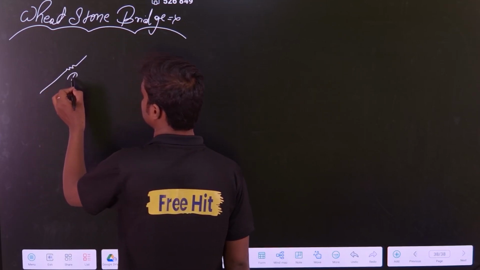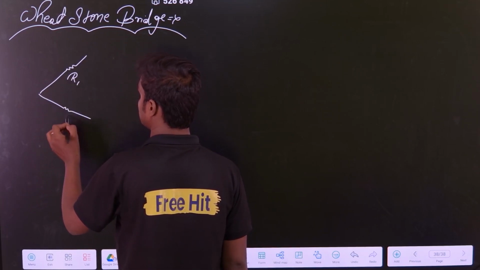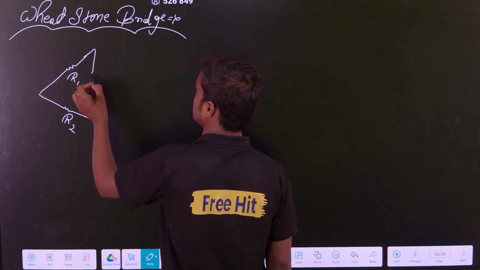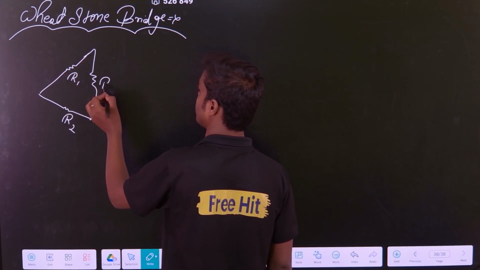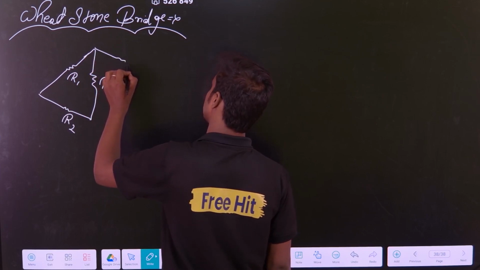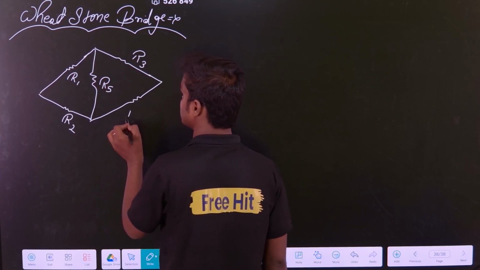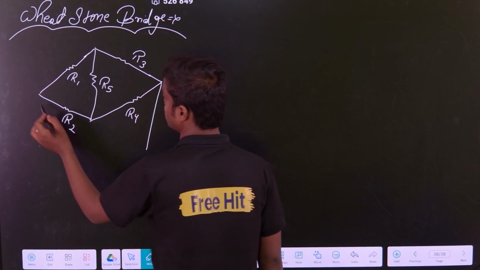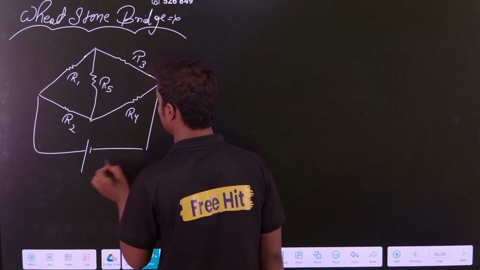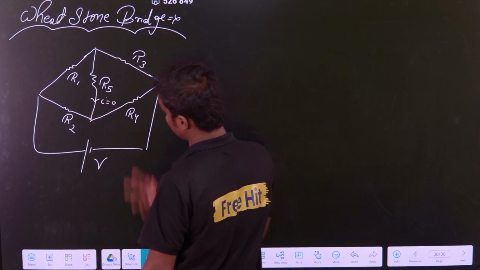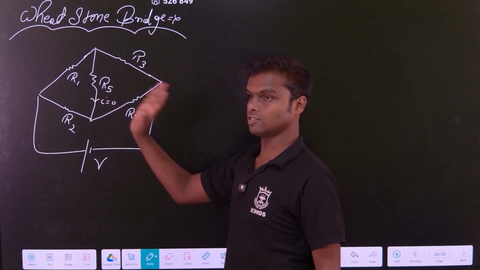Suppose I have a resistance R1, and suppose this resistance is R2, and this resistance is R5. Suppose this resistance is R3, and this is R4. I have connected this through a battery, some voltage V, and the current in this branch is 0.